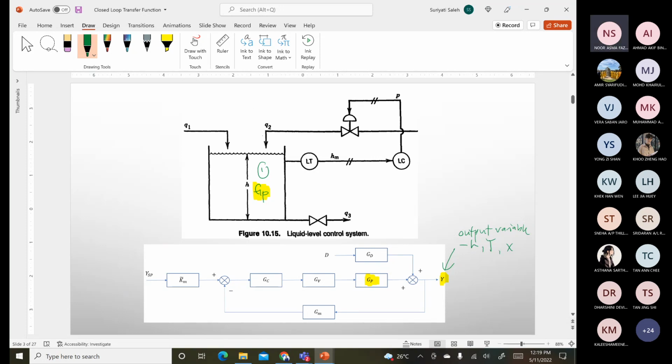In this case, we will have the process transfer function, then it will go straight to the level transmitter, number 2. The level transmitter here represents your GM, where the M is the measurement transfer function.